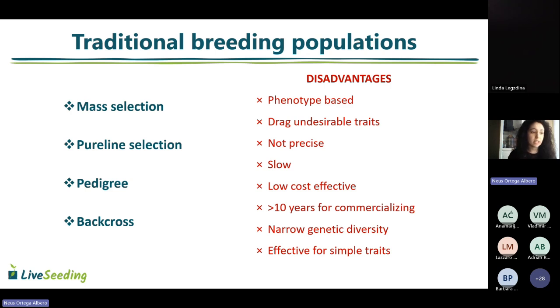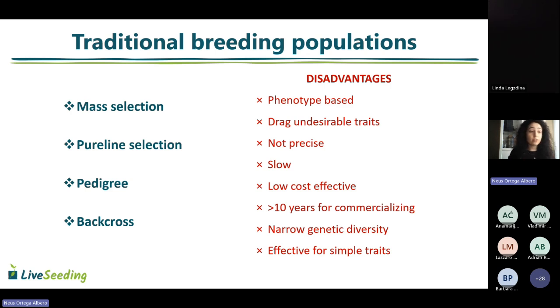Normally these populations usually include only two parental lines, narrowing the genetic diversity of the crop. That means that if we use this type of populations during a lot of time, that will decrease significantly the capacity of future breeders to improve the crop, because we are losing this diversity, this variability. So normally they narrow genetic diversity.